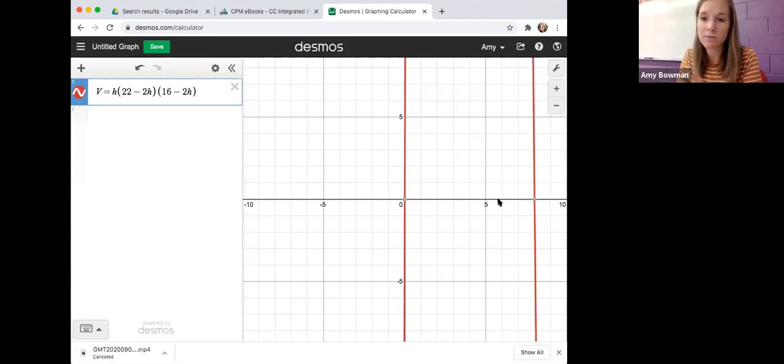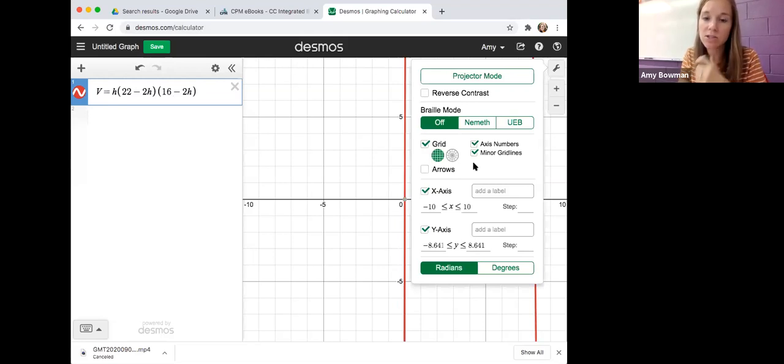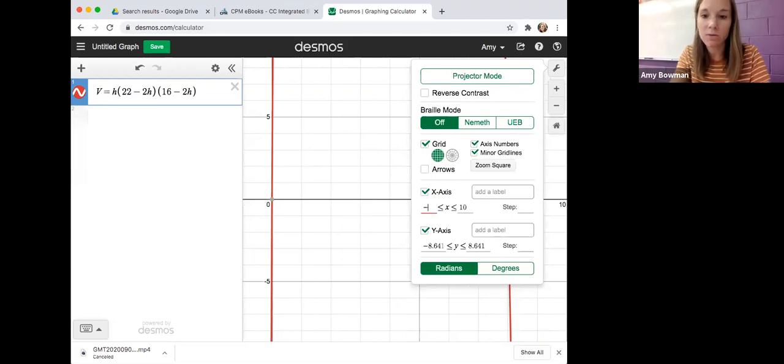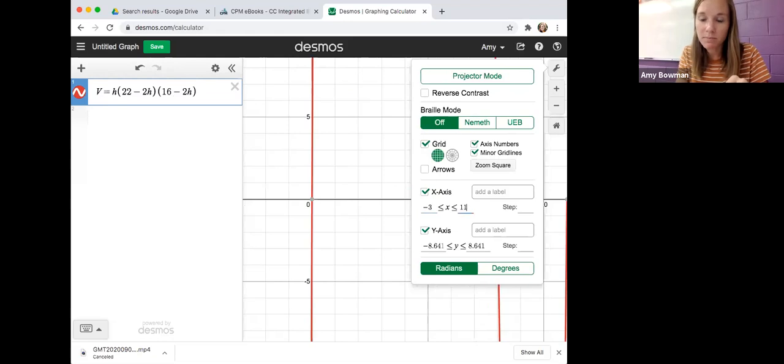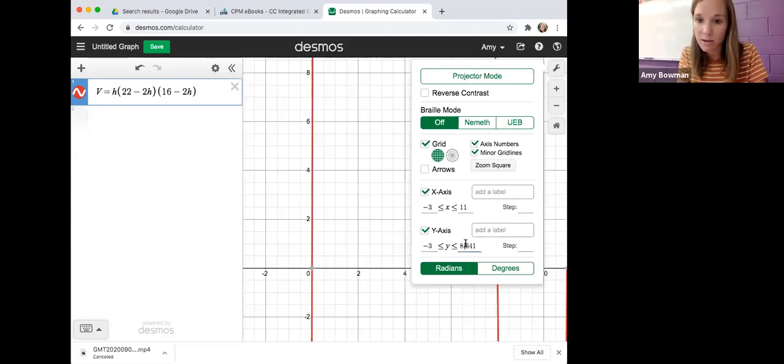Okay, this graph looks funky right now, and I can zoom out, or I can click on this wrench and change my x-axis to what we said our limited domain would be, which was 0 to 8. I'm going to go a little bit less than 0, so let's say I do -3 to 11. And then my y-axis, we said nothing less than 0 makes sense, so I'm going to change that to maybe just -3 so I can get a full view.